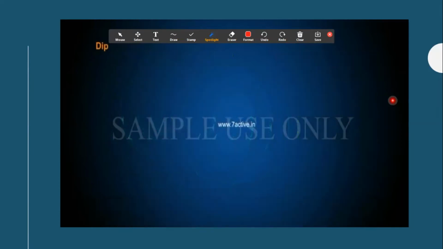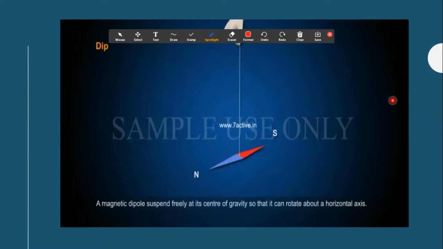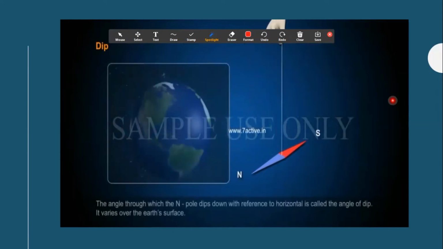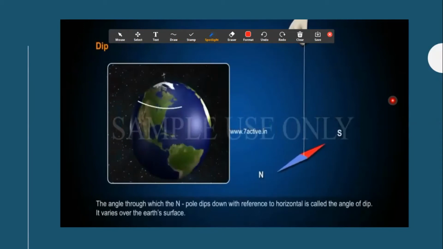Dip. A magnetic dipole is suspended freely at its center of gravity so that it can rotate about a horizontal axis. Suppose the dipole takes up the position as shown in the figure. The angle through which the end pole dips down with reference to horizontal is called the angle of dip.